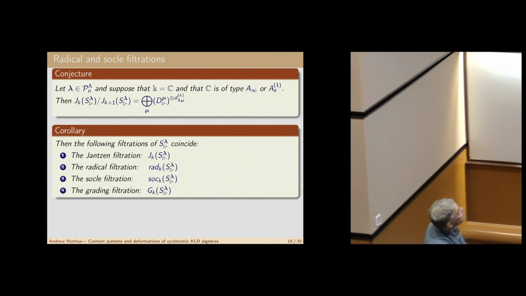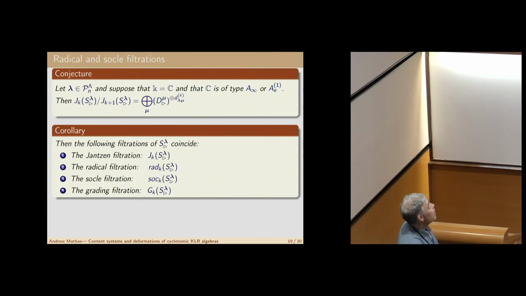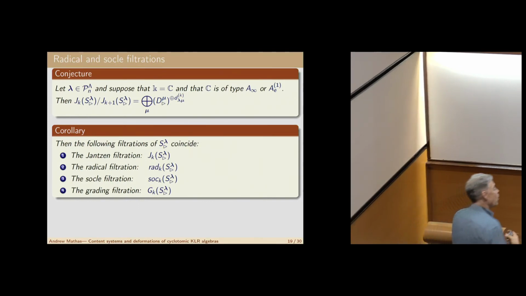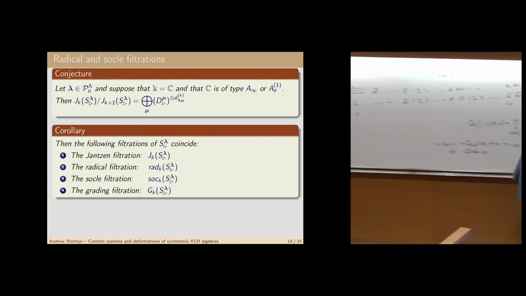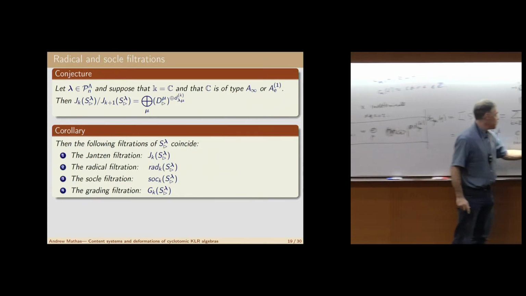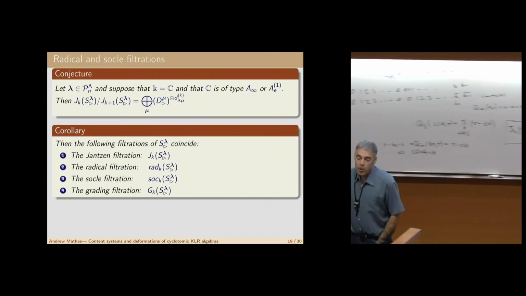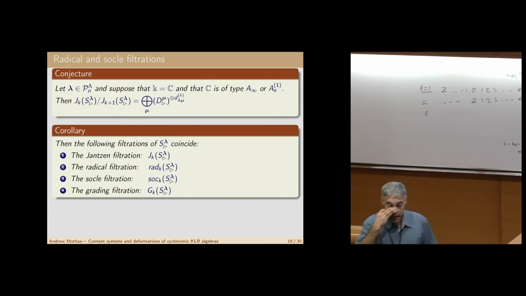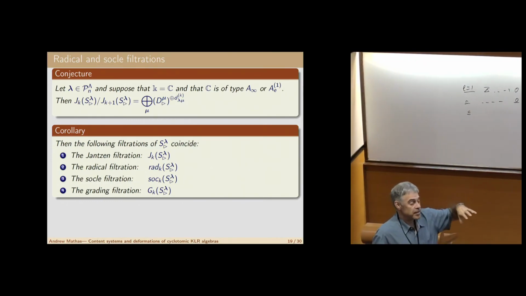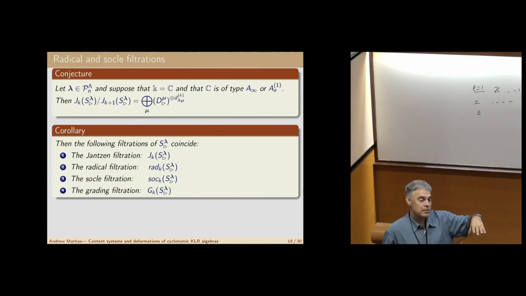So technically, I can't really define a grading filtration, but because of this result that these polynomials are always polynomials, the basic algebra is a positively graded algebra. And so if you take a module for the basic algebra, then you can simply define a filtration where the kth piece is all those things of degree k or larger.